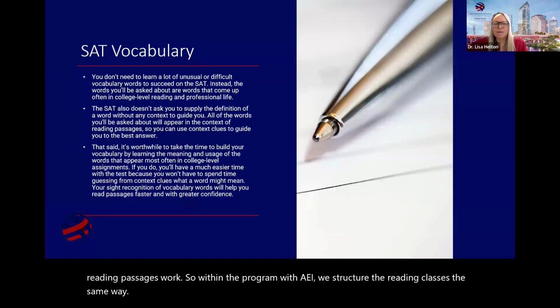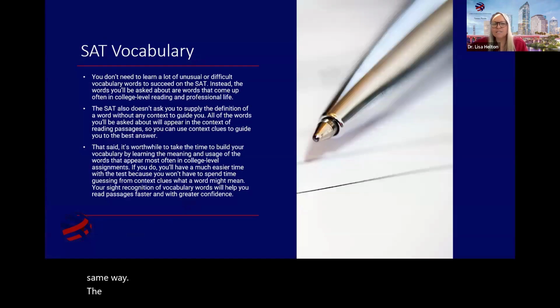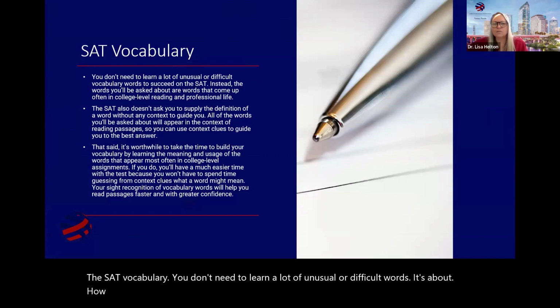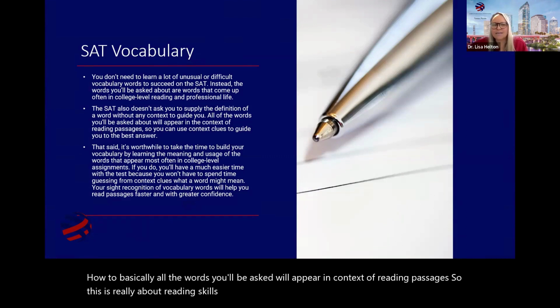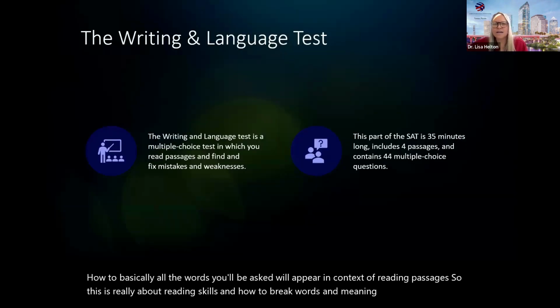For SAT vocabulary, you don't need to learn a lot of unusual or difficult words. All the words you'll be asked will appear in the context of reading passages. So this is really about reading skills and how to break words and meaning down within the context.